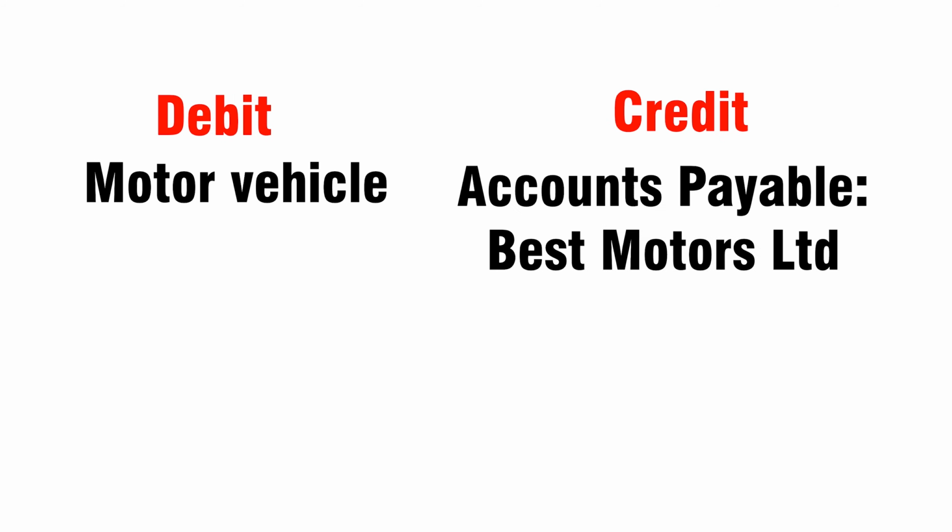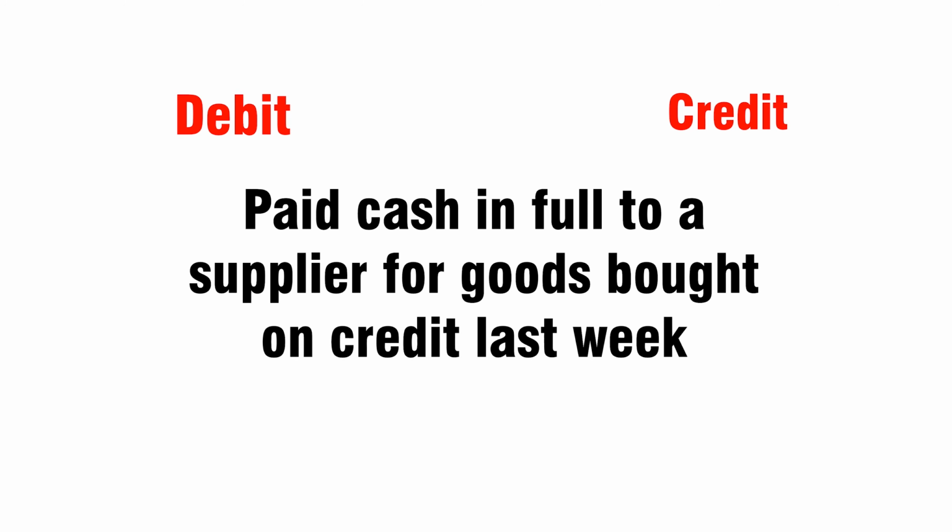Transaction 10. Bought van on credit from Best Motors Limited. Debit motor vehicle, credit accounts payable, Best Motors Limited. Transaction 11. Paid cash in full to a supplier for goods bought on credit last week.